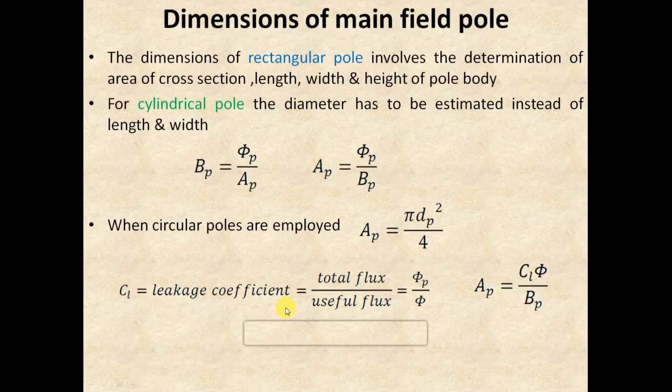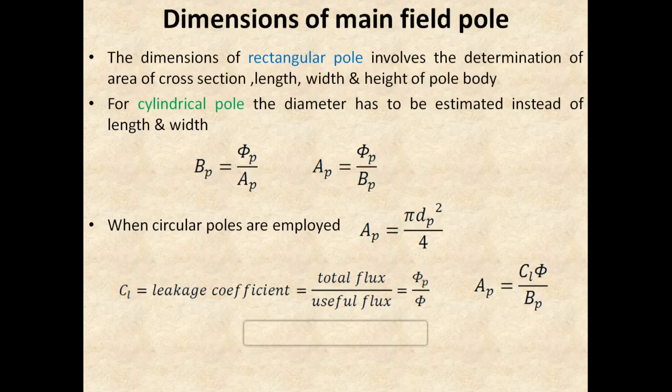Another important concept which you must know is leakage coefficient. It is defined as the ratio of total flux to useful flux. The total flux from a pole body is represented by phi p, and the useful flux is indicated as phi. So from this relation, the value of AP can be easily written as AP is equal to CL phi divided by BP.